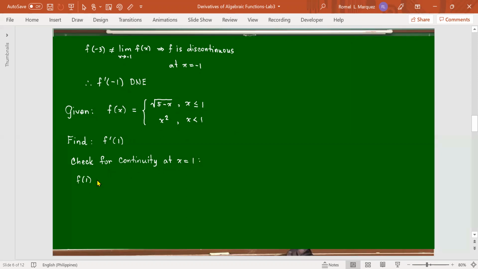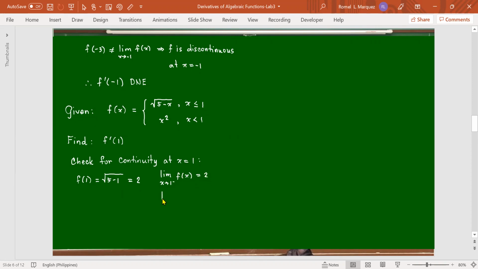Now, what is f of 1? We use the first one: square root of 5 minus 1, that is 2. What about the limit as x approaches 1 from the left? Still 2.